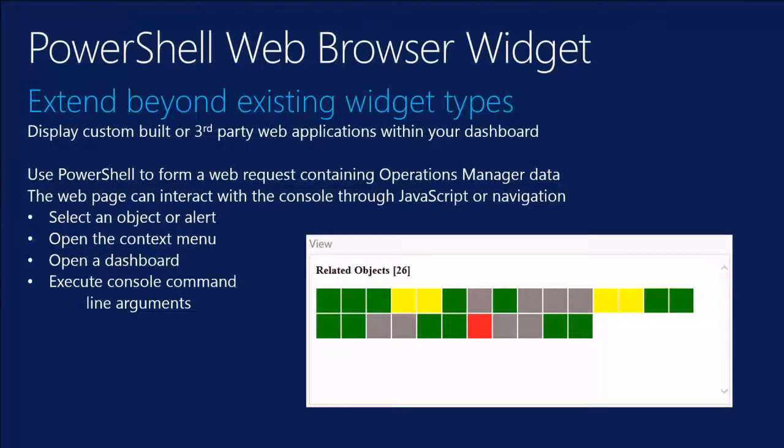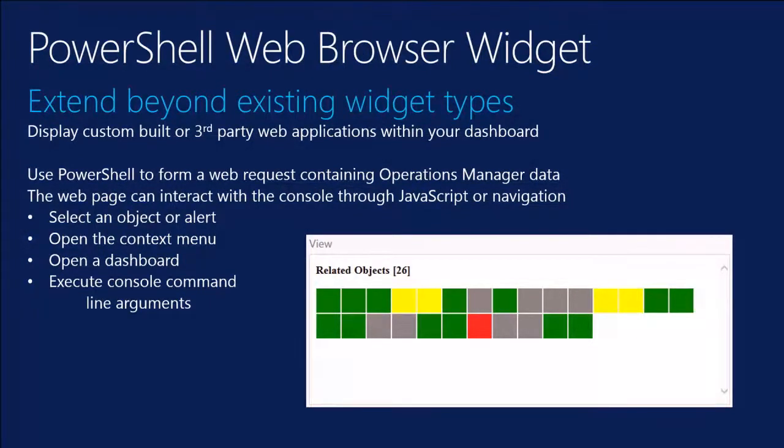That website can do a number of things with that data, one of which is merely laying it out visually. So you get something like this, just a heat map of the objects that were pushed to the website. But you could also think about joining it with a third-party data set and augmenting the actual objects that are coming back into the Operations Manager console.